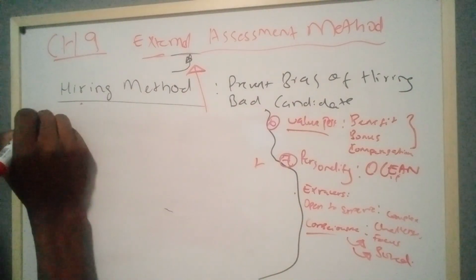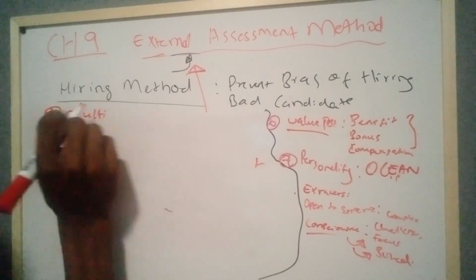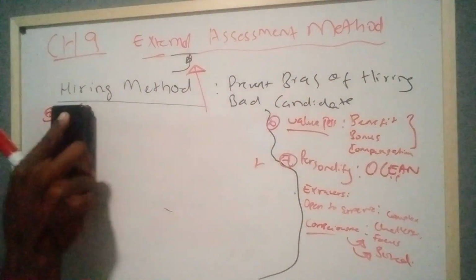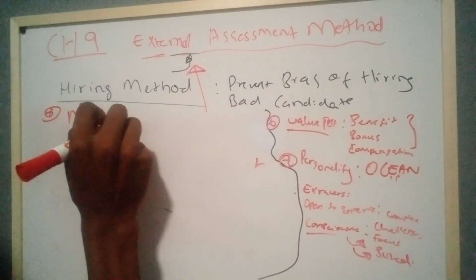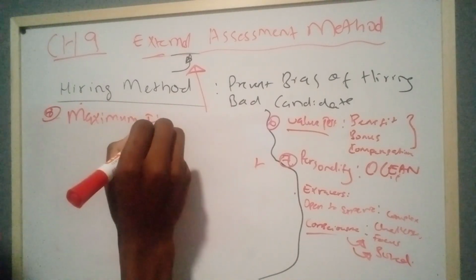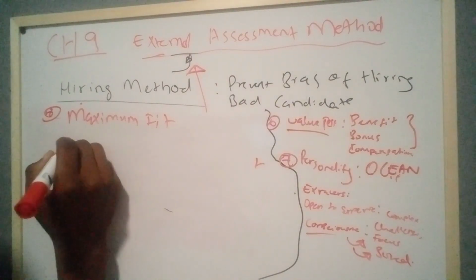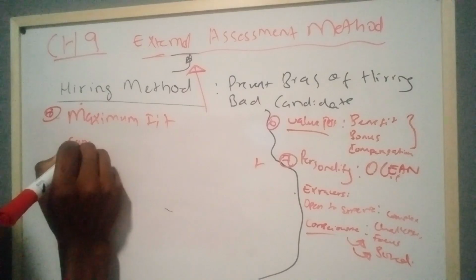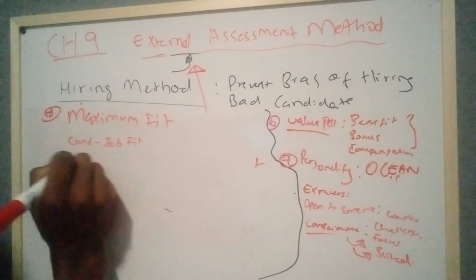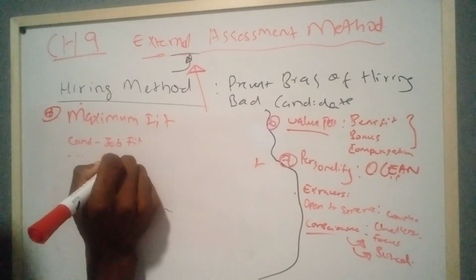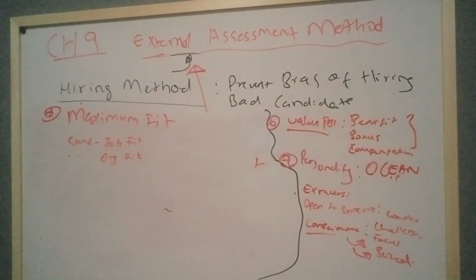And then 18, multiple. Okay, no, sorry. This is the maximum fit. Remember, we said we have the candidate, job fit, the organizational fit, and then number 3.